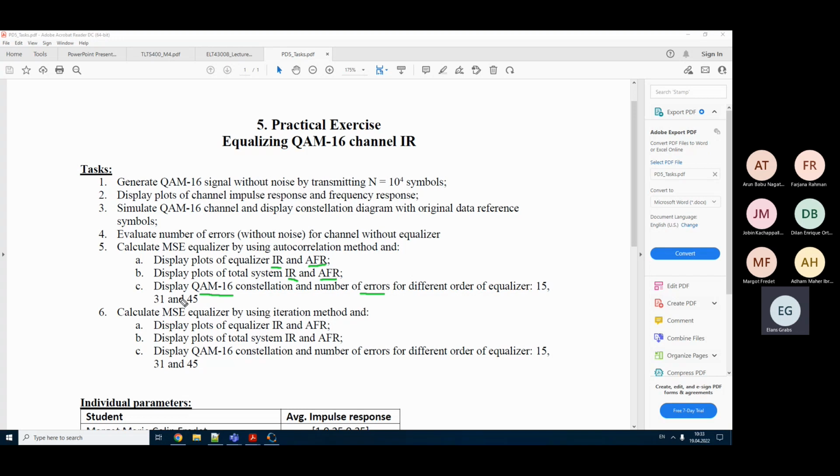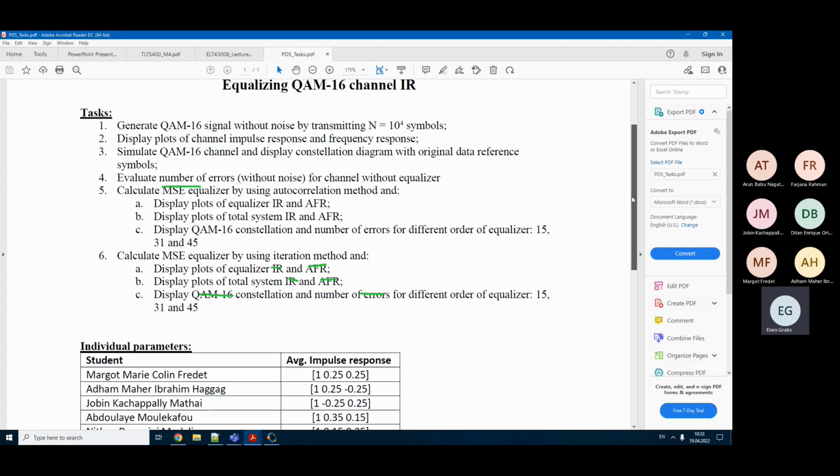So basically we are going to start with the same simulation we go over and over again, for quadrature amplitude modulation 16 without noise. So no noise in this practical exercise, and we need to display plots of the channel impulse response and frequency response, and the QAM-16 signal constellation diagram for the received signal in this channel.